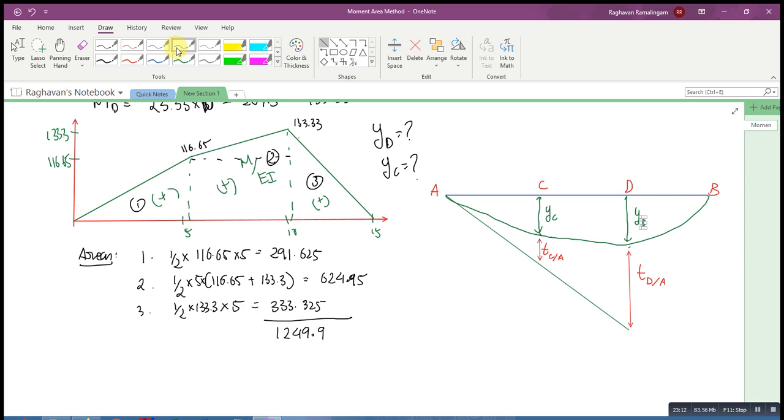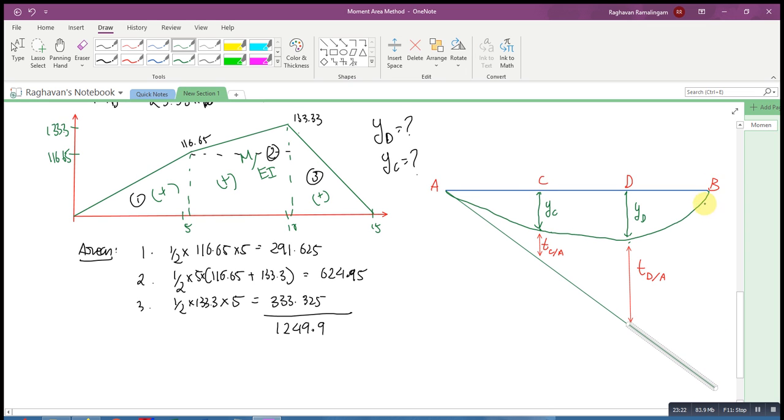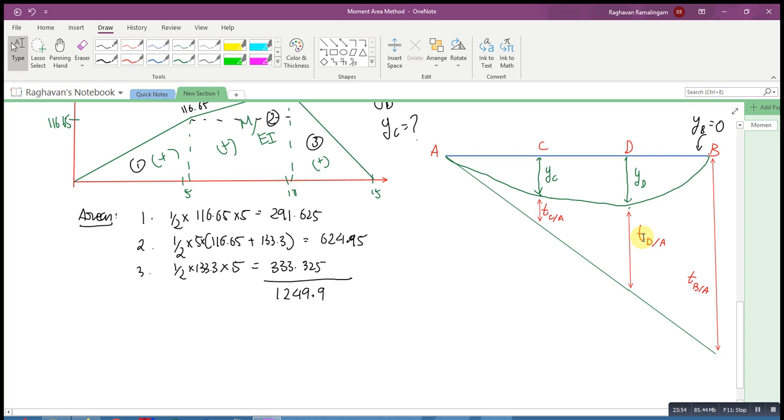So the workaround for this is, you see the tangent over here. Let me just extend this tangent a little more and take it all the way below B. Now the interesting thing about TBA is that it is such a large value, but at this location you know that YB equals 0.